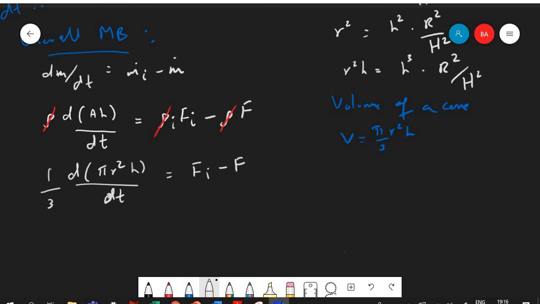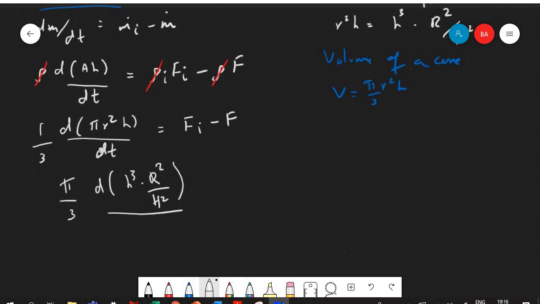Our equation will be 1 over 3 d pi, let me take pi outside, it is constant. So we will have here h cubed times R square over H square. Even this thing is constant and we can take it out. By dt is equal to fi minus f.